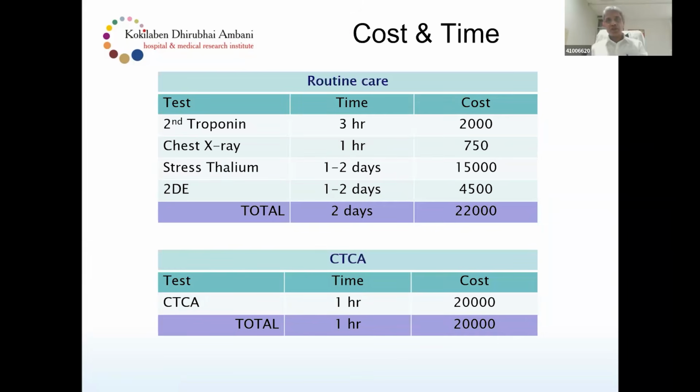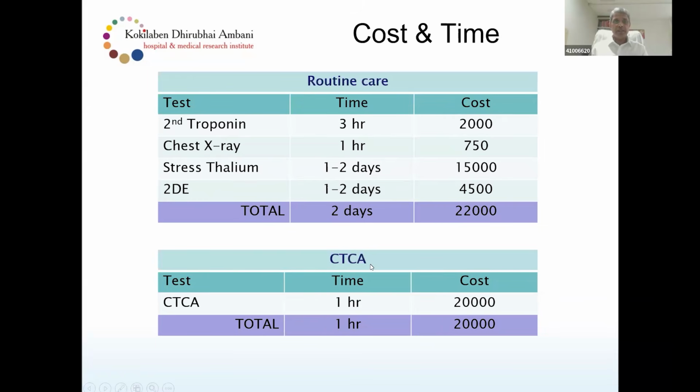Now we come to the cost. Is it cost effective to do a CT coronary? Now you can say that in the routine care, if you do 2 troponins, actually it should be 4,000 because 2,000 is the cost of 1 troponin. So if you do 2 troponins and 1 chest X-ray and other tests like stress thallium and do a 2D echo over 1 or 2 days, then the cost would be about 25,000.